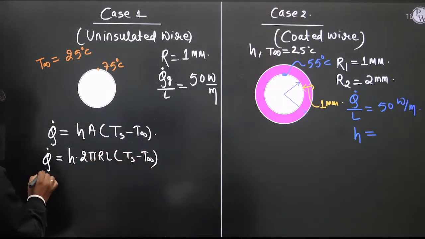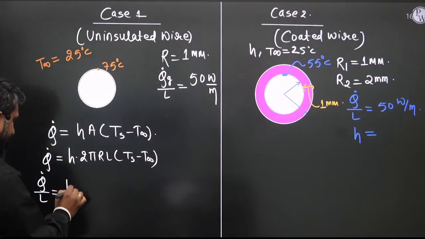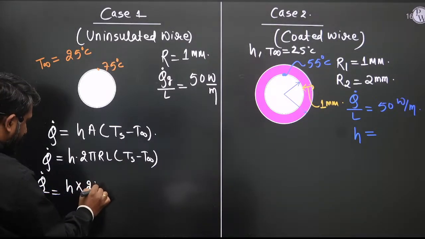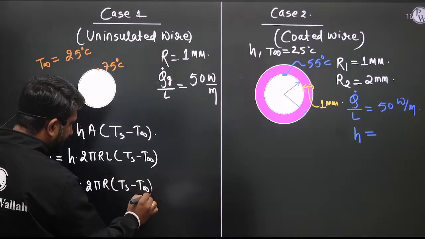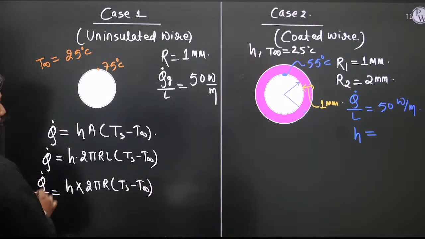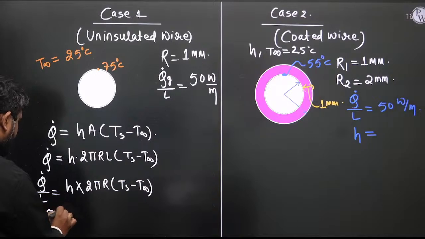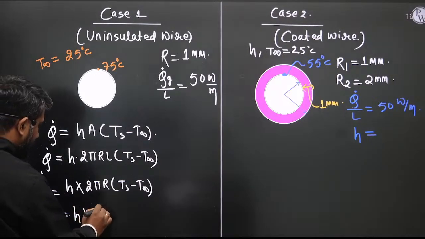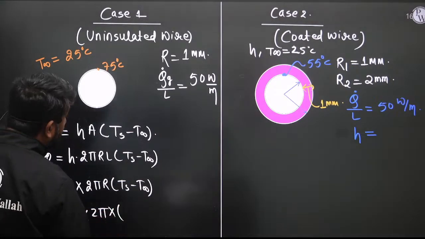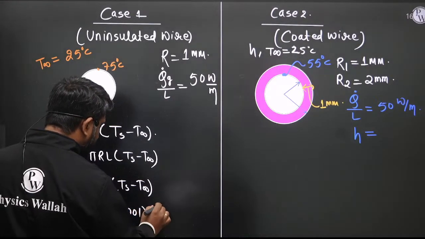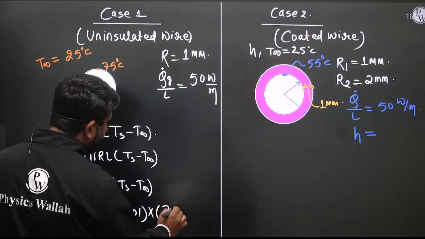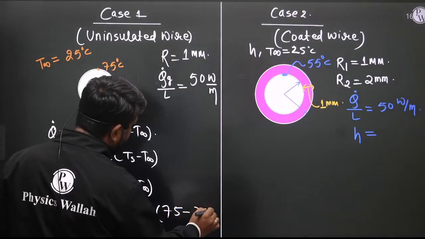Now Q dot by L is given as 50, which equals h times 2 pi times R, where R is 1 mm, so 0.001, times (75 minus 25).